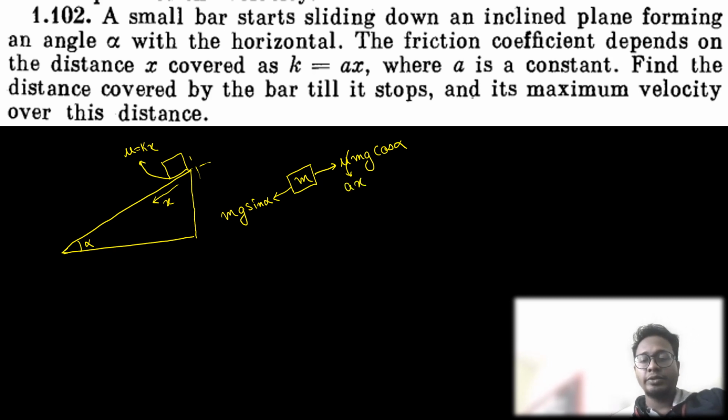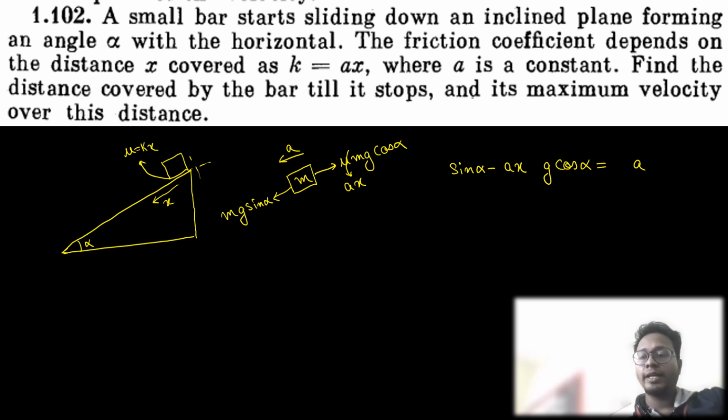This is the direction of acceleration. Can I say mg sin alpha minus ax, which is mu, mg cos alpha is equal to mass into acceleration? Here m and m would get cut.